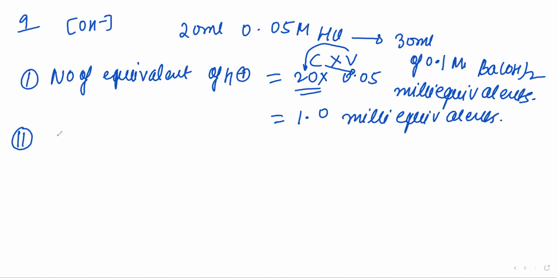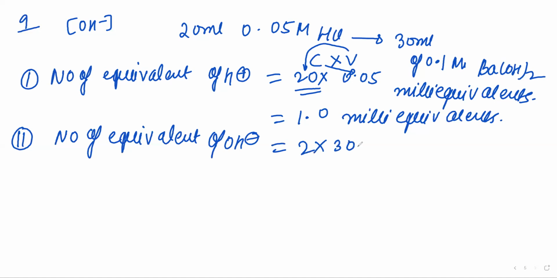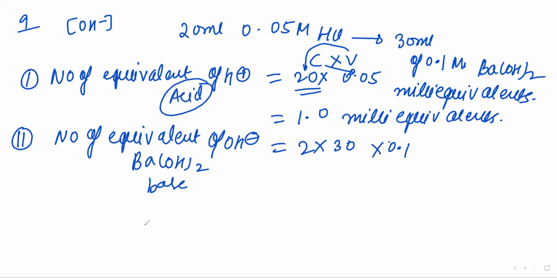Now see the next point. The next point is the number of equivalents of OH minus. It will be 2 × 30 × 0.1. This is calculating for the Ba(OH)2 base, and the earlier one is for the acid.